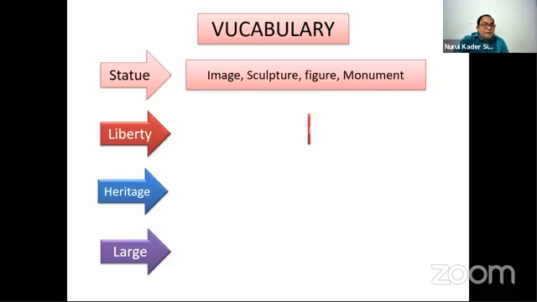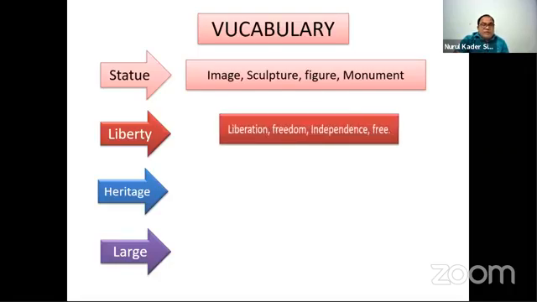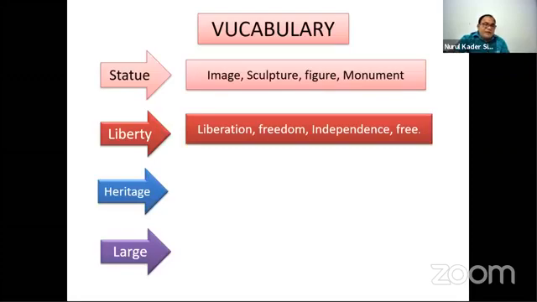Liberty means liberation, freedom, independence, free. Our liberation took place in 1971, so the word liberation is very well known to us. And freedom: we got freedom in 1971 from Pakistan.